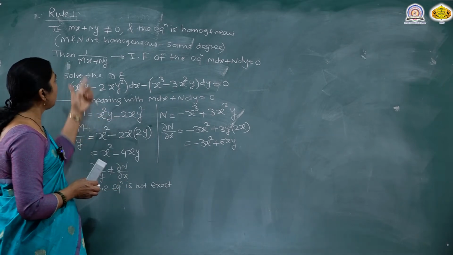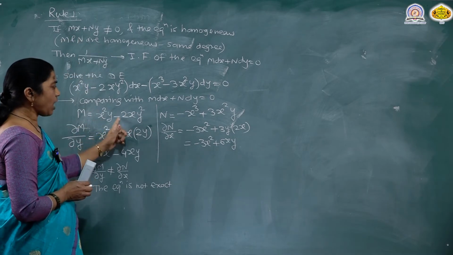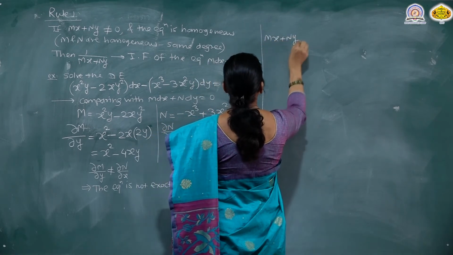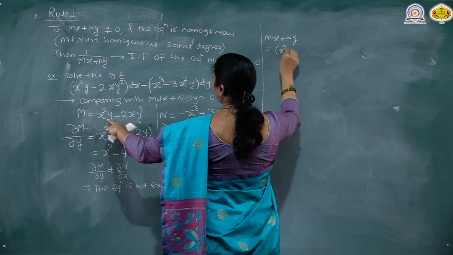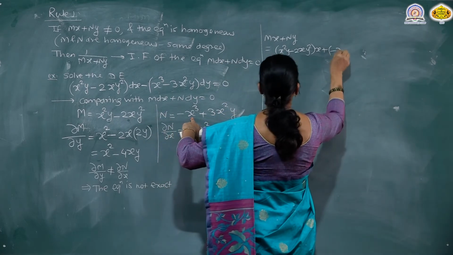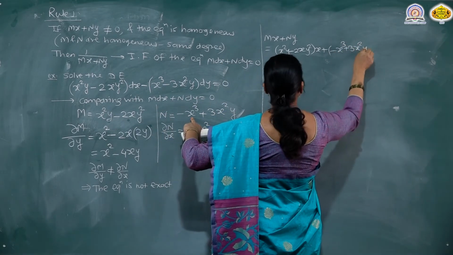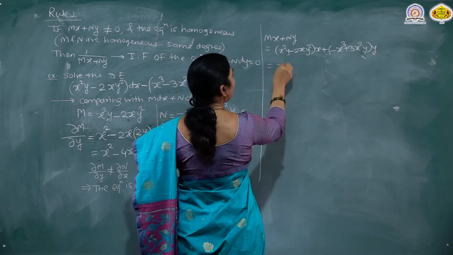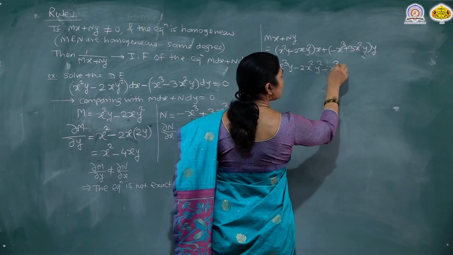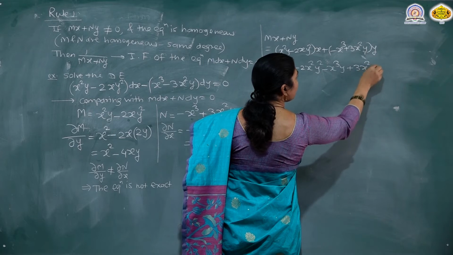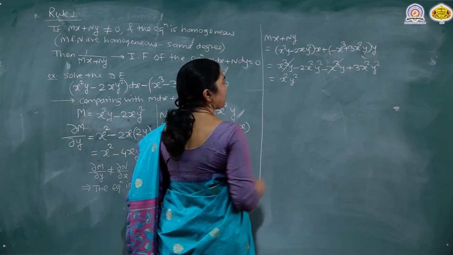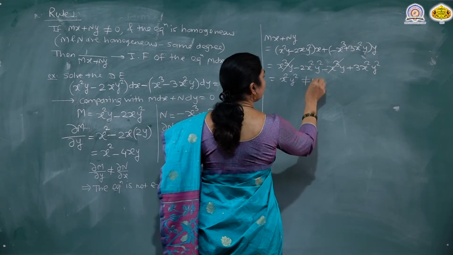Now, if you observe the factor Mx plus Ny, it becomes (x²y minus 2xy²) into x plus (minus x³ plus 3x²y) into y. This is nothing but x³y minus 2x²y² minus x³y plus 3x²y². x³y gets cancelled and it becomes x²y². This is not equal to 0.